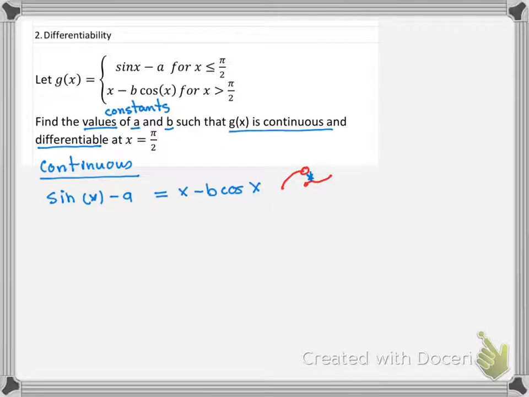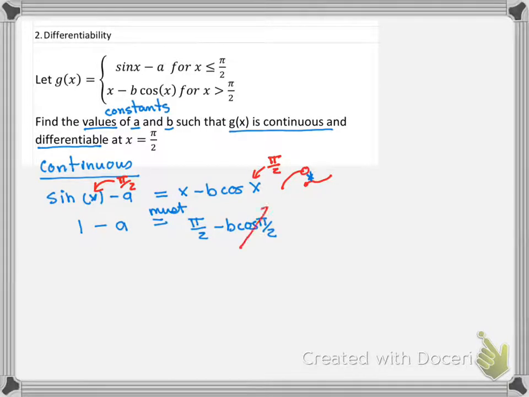So I will plug in pi over 2 because that's where we want our function to be continuous. Now here's where we need to have some good understanding of our unit circle. Sine of pi over 2 is 1, so 1 minus a must be equal to pi over 2 minus b cosine of pi over 2.